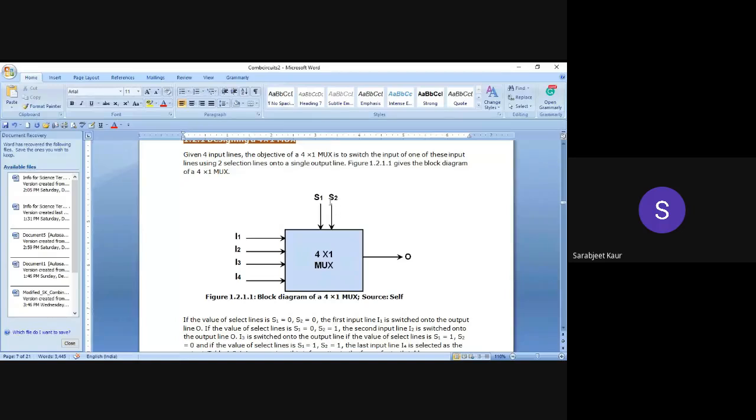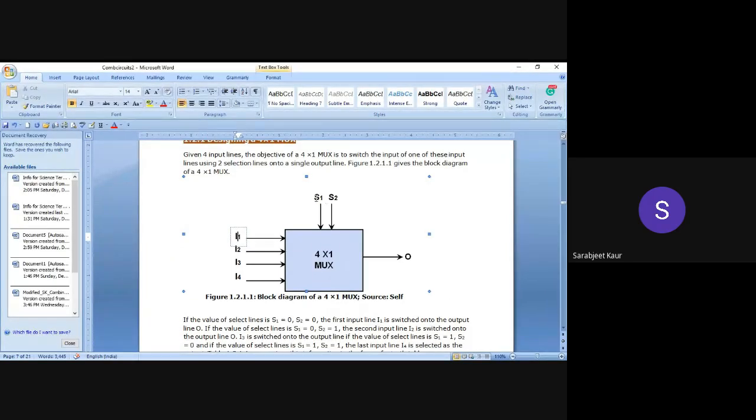As we had just discussed, when the value of the selection lines is 0, 0, then the input I1 will be selected and passed on to the output.